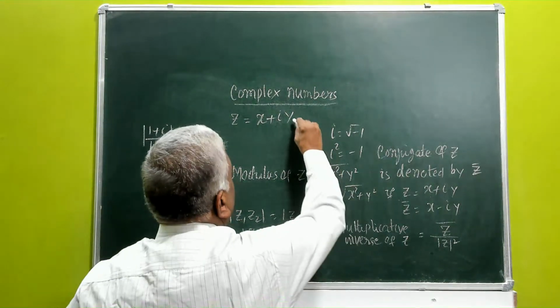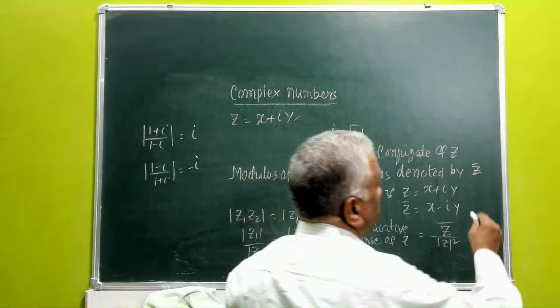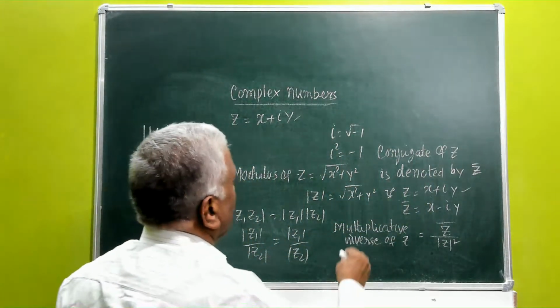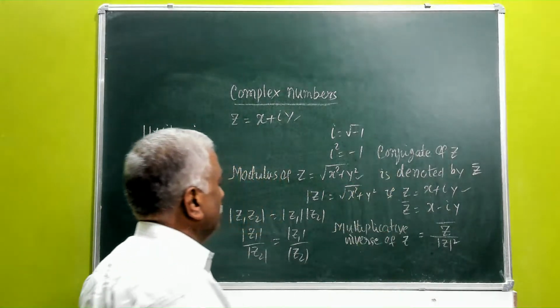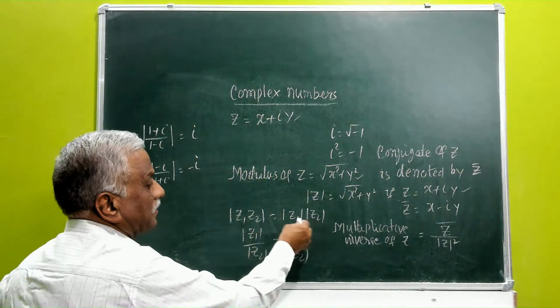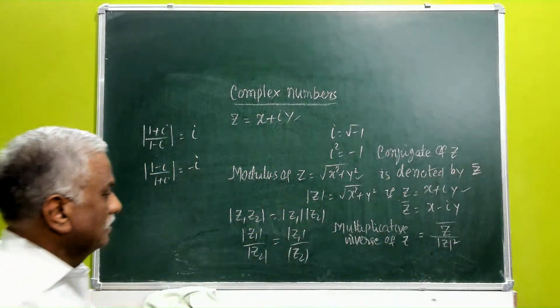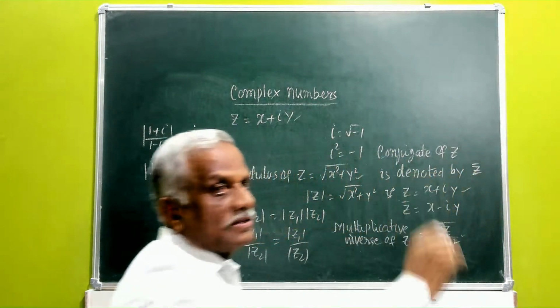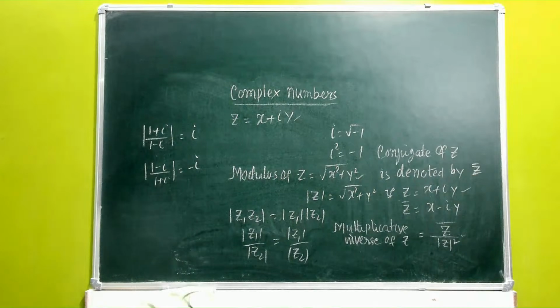So you need to remember a complex number, the conjugate of the complex number, the modulus of z, and modulus of z1 z2 is mod z1 and mod z2, and also the multiplicative inverse of z. With this knowledge, we will try to work some problems given in the examination.